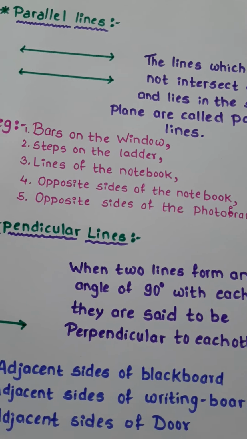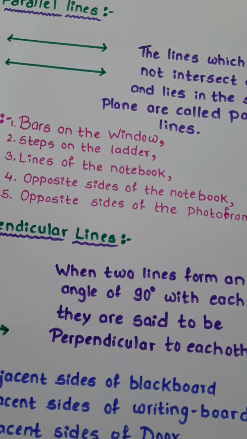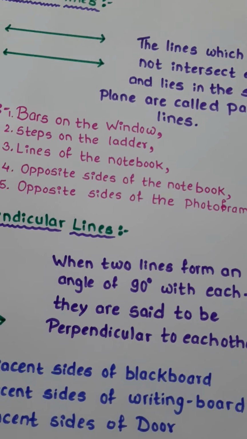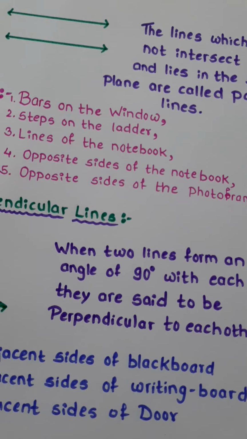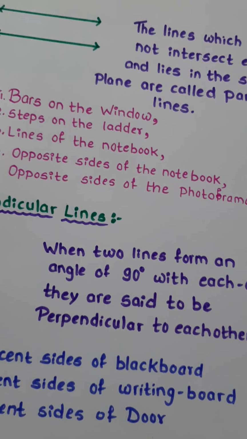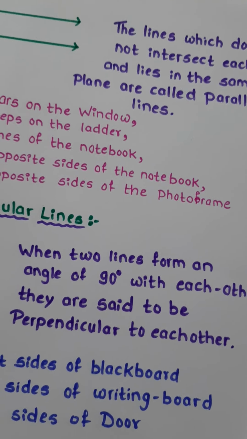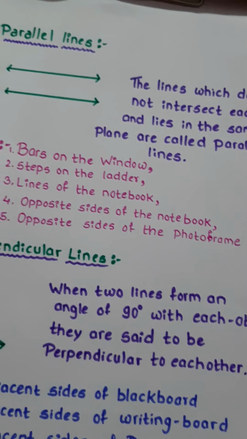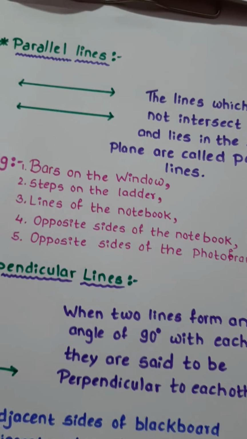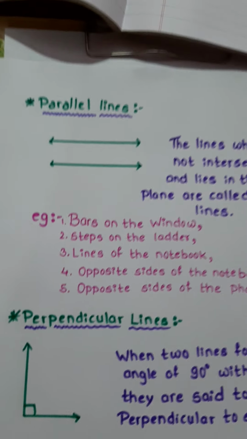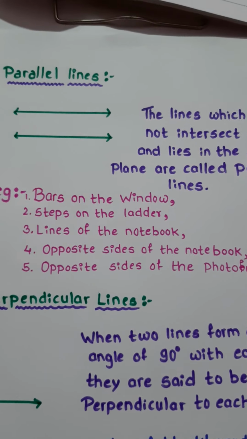Parallel lines where you find. Steps on the ladder. Lines of the notebook I have shown you. Opposite sides of the notebook. Opposite sides of the photo frame. Like this, so many examples you can search around you which are parallel. Understood the meaning of parallel lines?